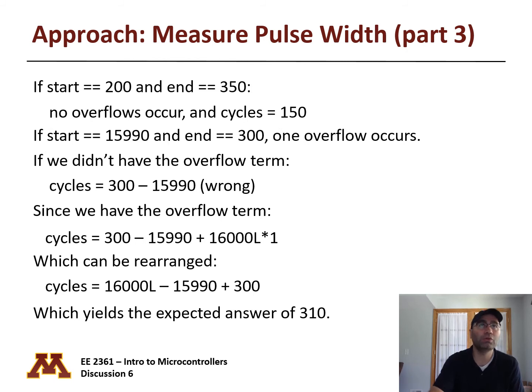So let's do a few examples. If start is 200 and end is 350, this is count 1 and count 2, no overflow happened.